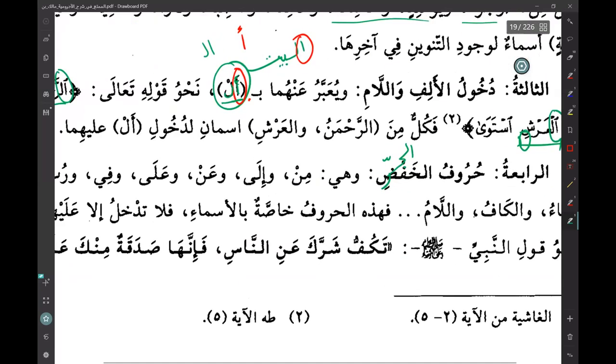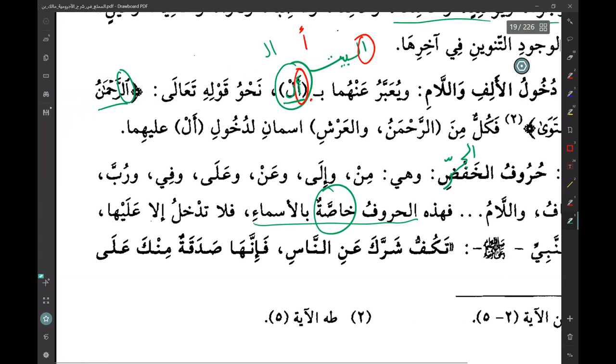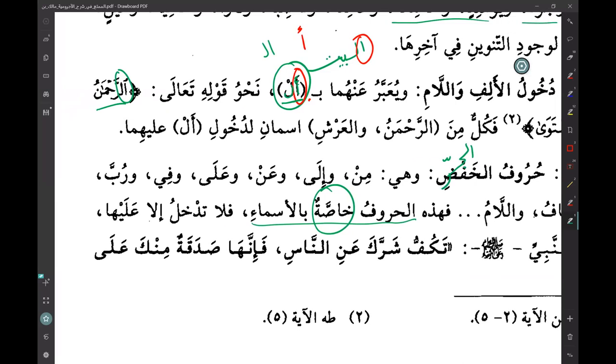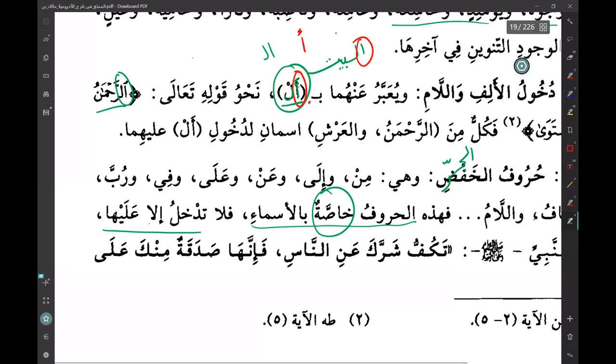So he says, these letters, or these particles, I should say, are khasa, special, specific to nouns. Ism. Asma is the plural of ism. It says they do not come except upon ism.